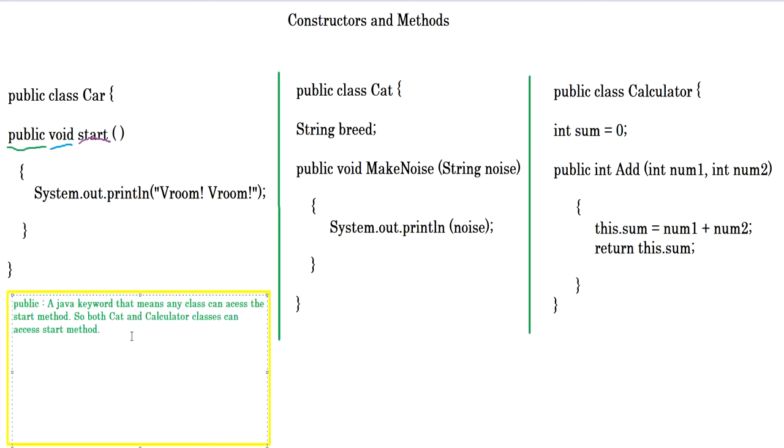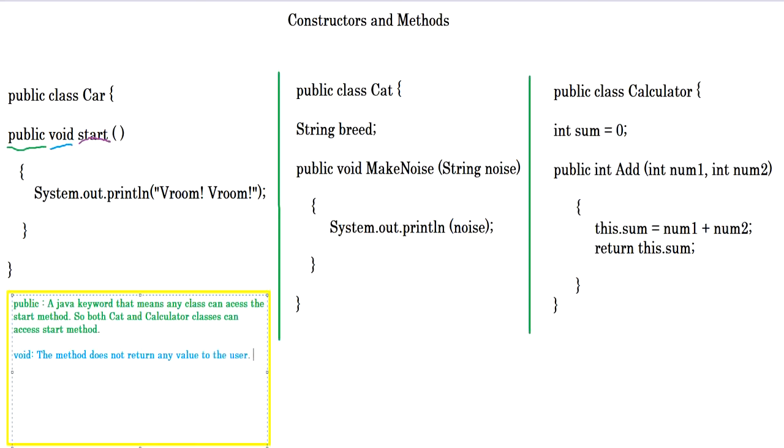Alright then, so next we have the word void. So what does void mean? Void is basically a return type. So when you see the word void, it means that the method does not return anything. Not return any value to the user.